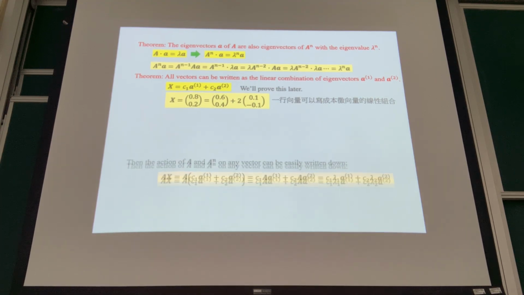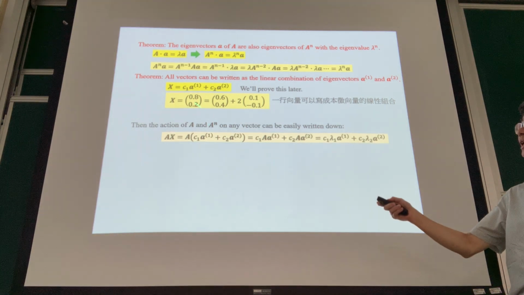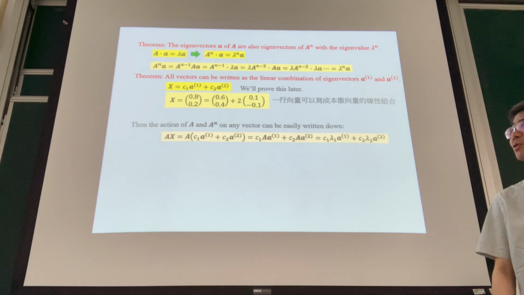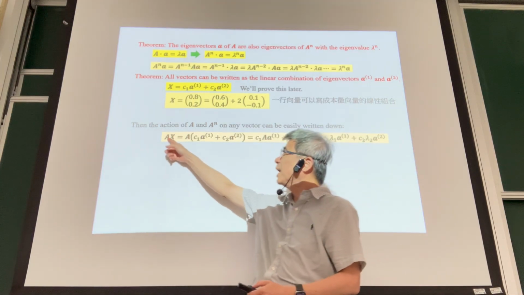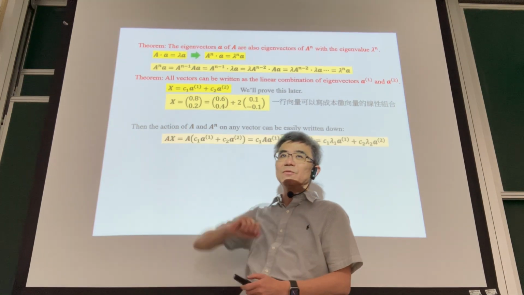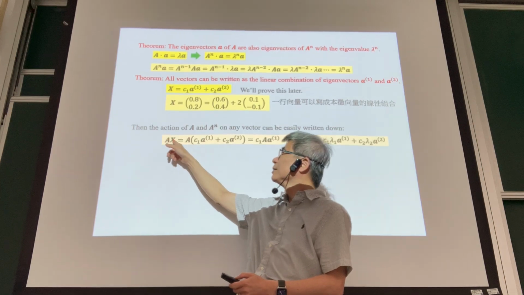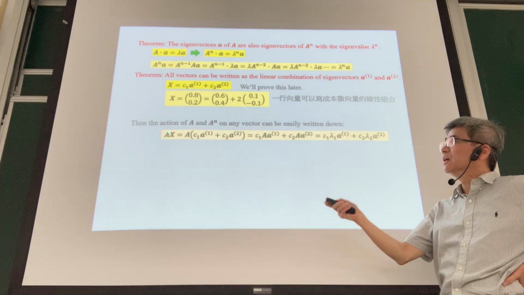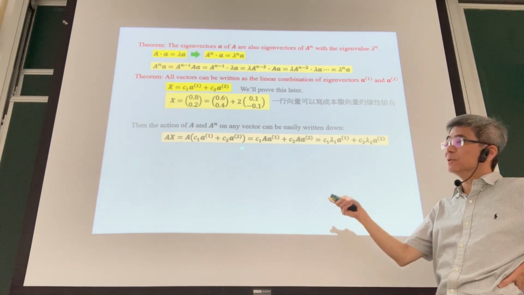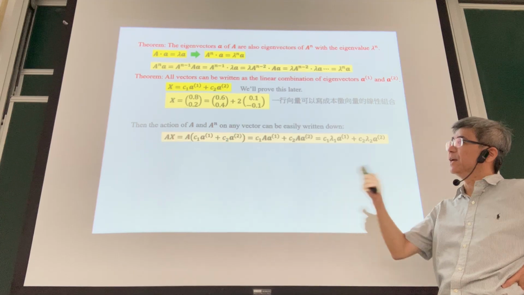Okay? Now, with this theorem, A to the nth on any vector could be easily written down. For example, let's start with A to the first order. If you multiply A with x, then I told you already, x can be decomposed into c1 a1 plus c2 a2.